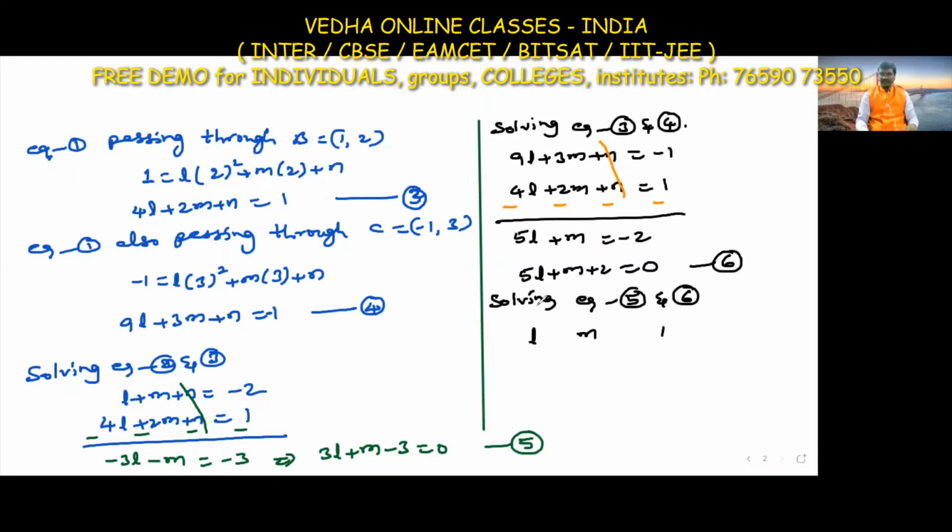N is already deleted. Now start with m coefficient. M coefficient is 1 and constant minus 3, L coefficient, and again m coefficient. Here also L coefficient, m coefficient, constant, and L coefficient, and again m coefficient.